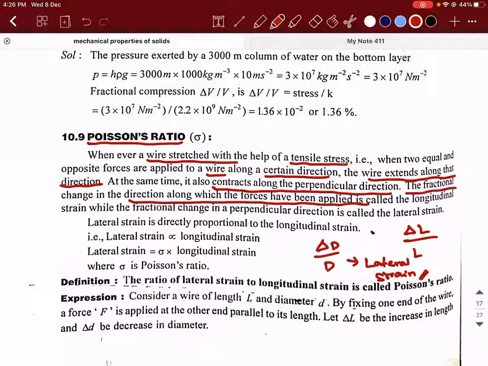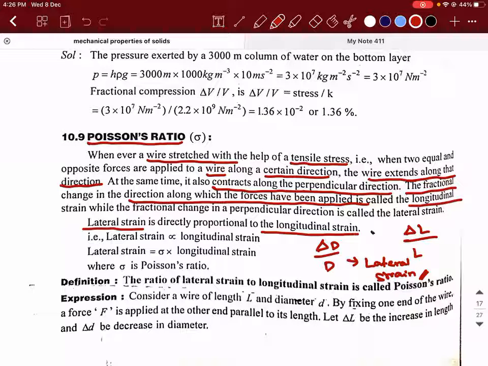The fractional change in the direction along which the forces have been applied is called the longitudinal strain, while the fractional change in the perpendicular direction is called the lateral strain. Okay. So one thing that is observed is lateral strain is directly proportional to the longitudinal strain. Obviously, right? If the length is going to increase, the diameter, the thickness has to keep decreasing in such a way that the volume of that material remains constant. So lateral strain is directly proportional to longitudinal strain.